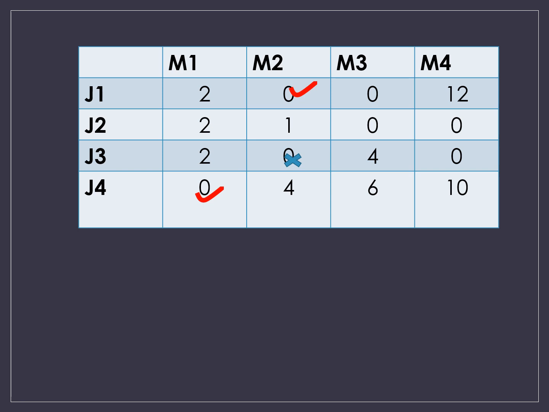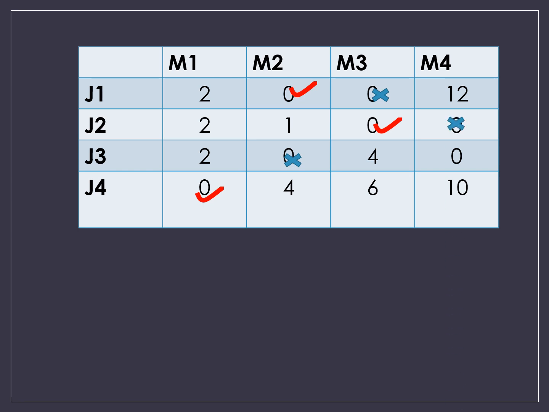Since machine 2 has been allocated to J1, there's no need to allocate machine 3 for the same job. Therefore, we are going to ignore that option. Now we can allocate machine 3 for J2. Since we have allocated machine 3 for J2, there's no need to allocate any other machine, so we ignore the option of M4 for J2.